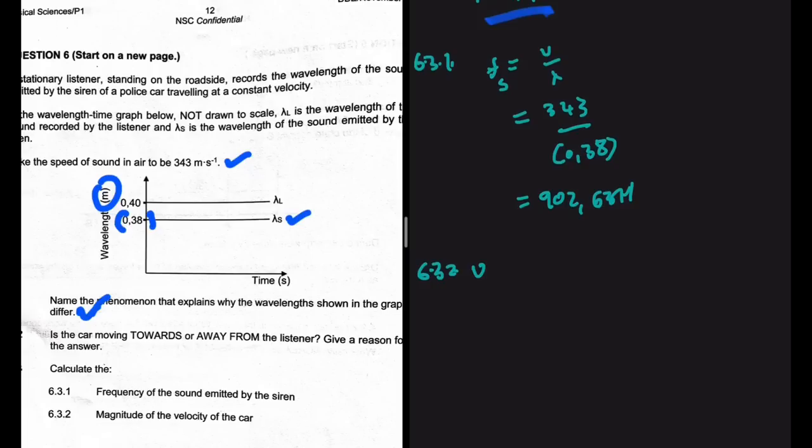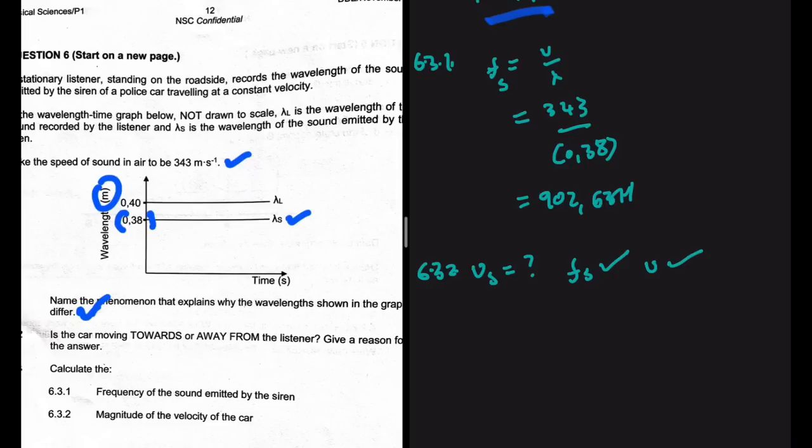Okay, so magnitude of the velocity of the car. This is the velocity of the sound source that you are looking for. We have the frequency of the sound source because we have calculated it. We have the speed of sound in air, V. It is given to us, right?